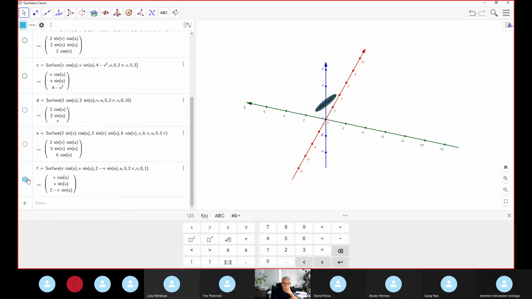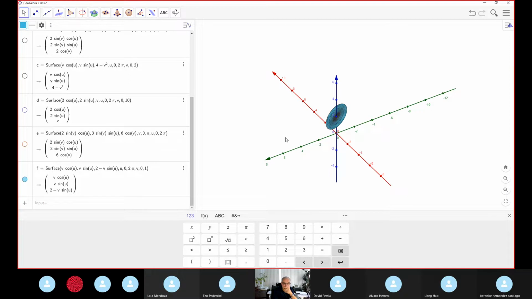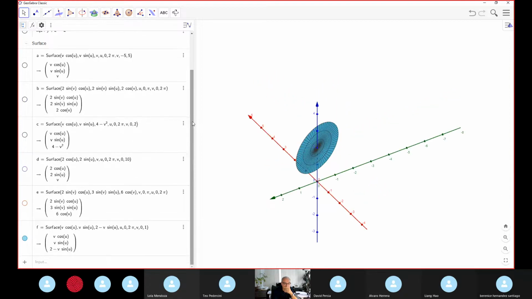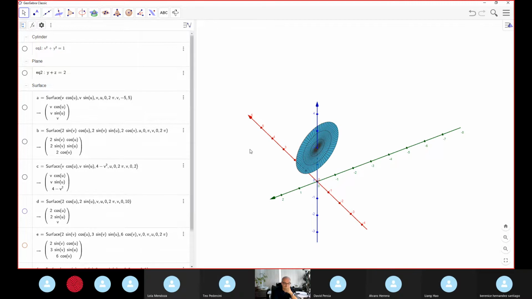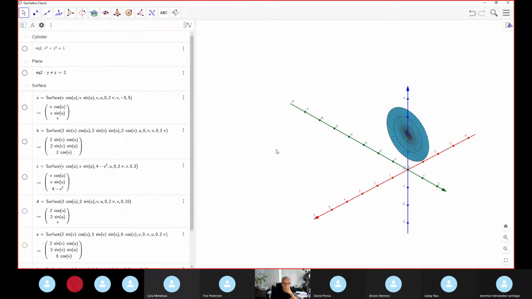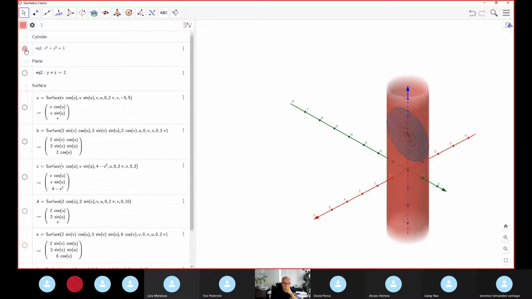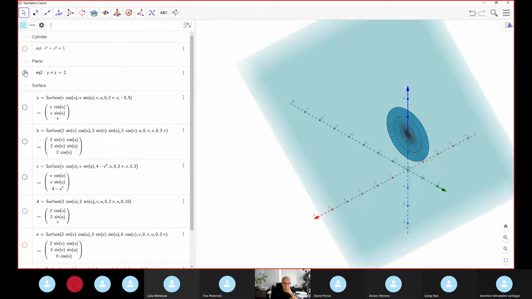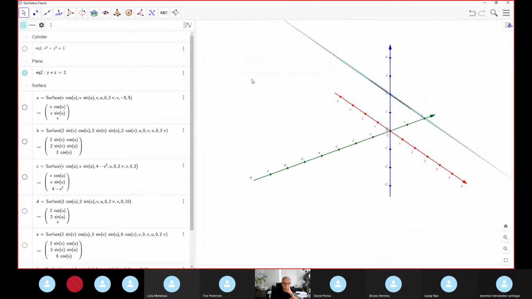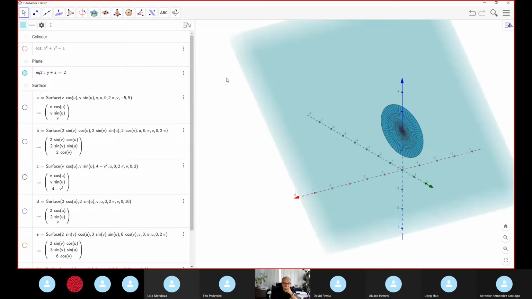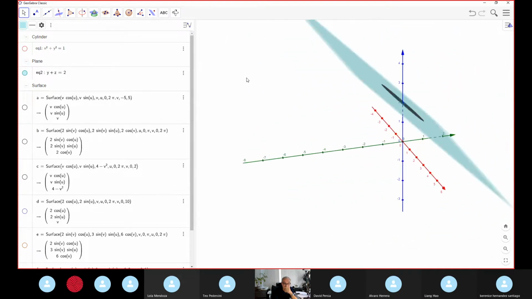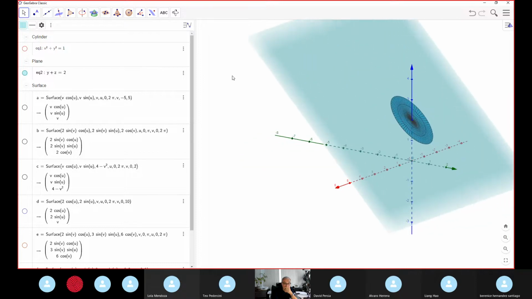Look, it's this. Oh, nice. A disc. But let me try to help you understand this disc. This disc comes from the intersection of a cylinder and a plane. That plane. You see that this surface is on the plane, but not all of the plane.